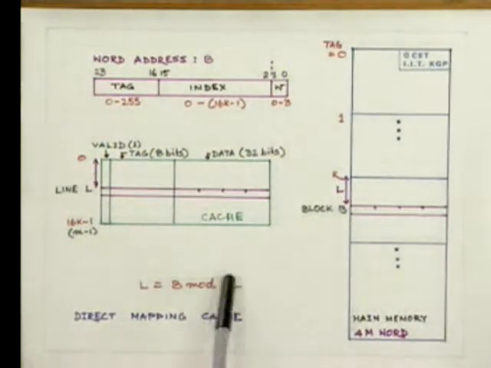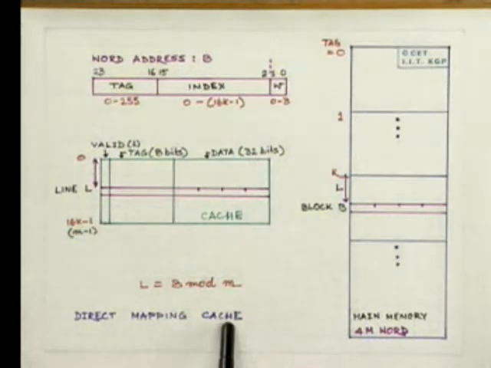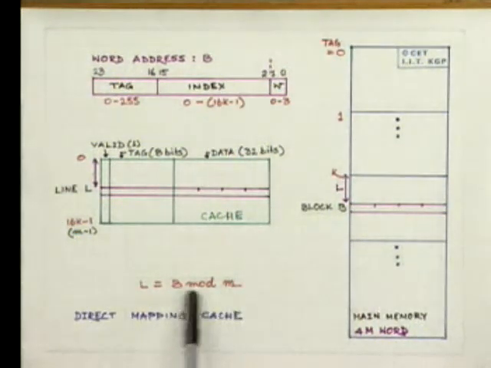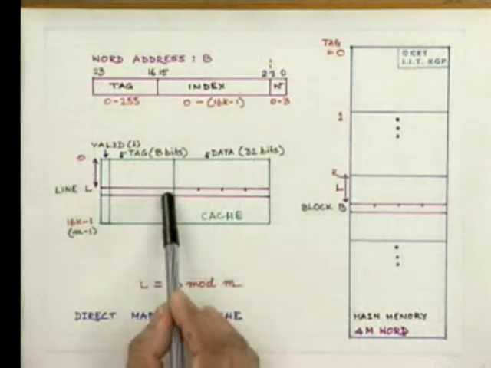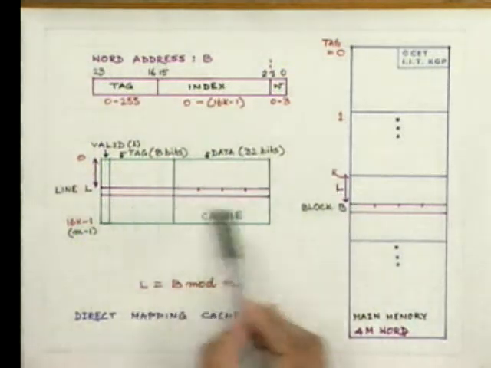This is the general mapping in a direct mapping cache, where M is the cache size and B is the word address. Then B mod M, the address L that we get, is where that particular block will be mapped into the cache.